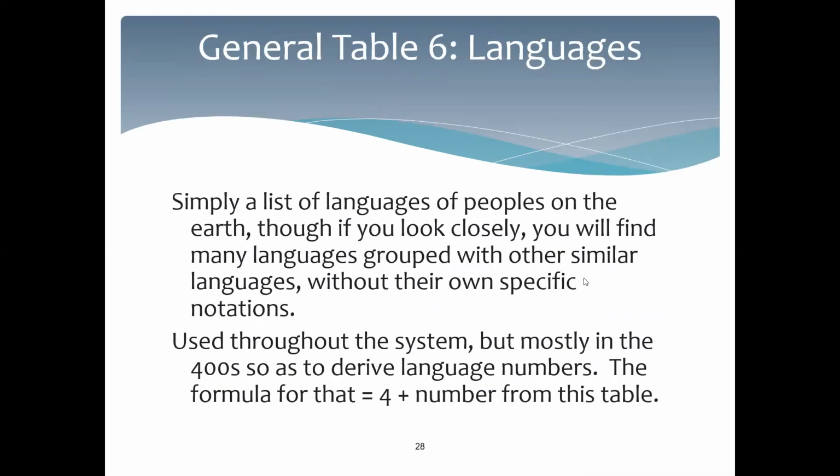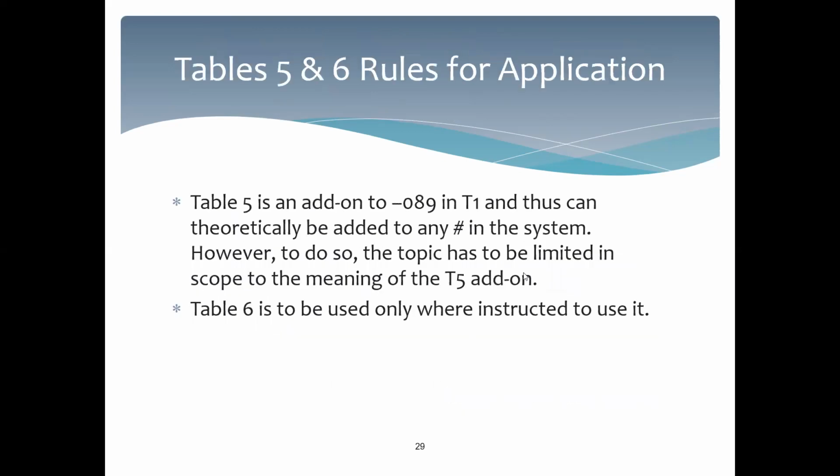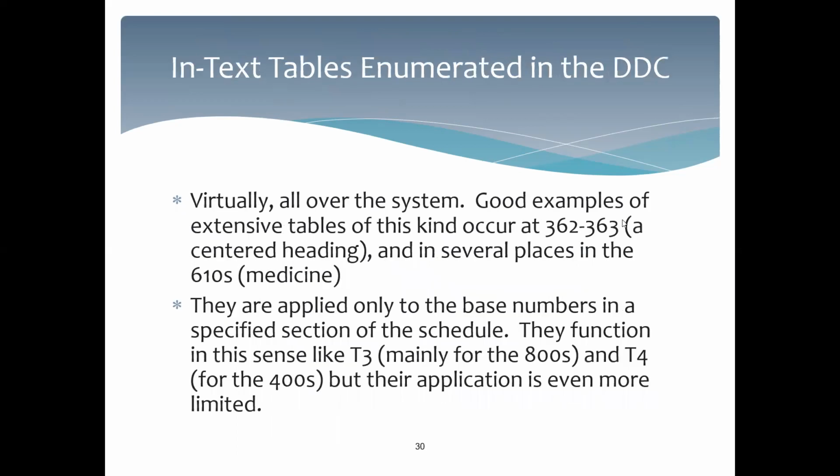Table 6 is more on languages. And Tables 5 and 6 are the two where 5 relates to Table 1. So if you're using Table 5, that means you've probably been referred there from Table 1. And then Table 6 is only when instructed for use, so it's not used very often.